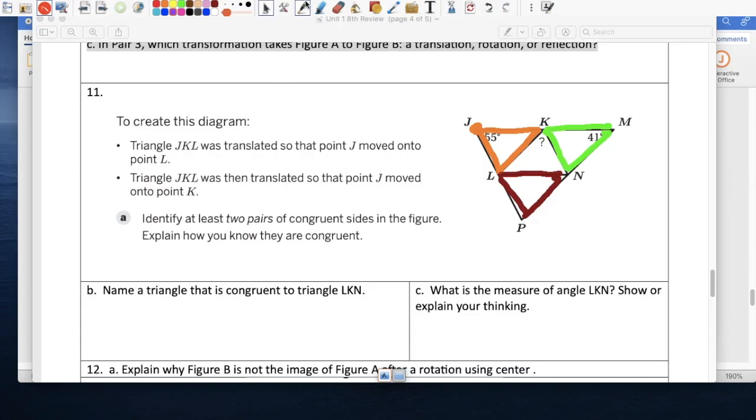So I know, for example, that this side over here, this side over here, and this side over here are all the same. If I took another, I know that this side, now represented with two lines, and this side are all the same. Okay.